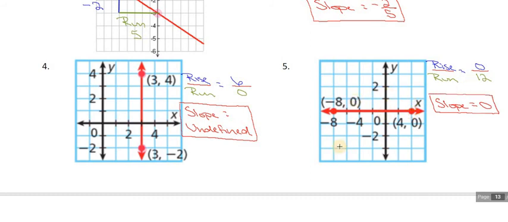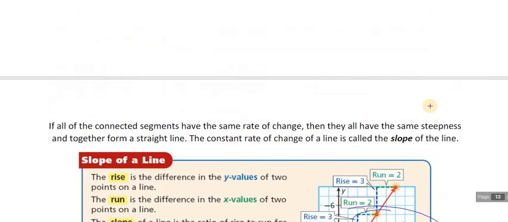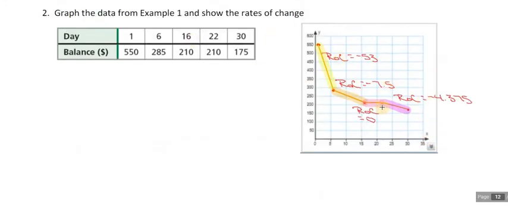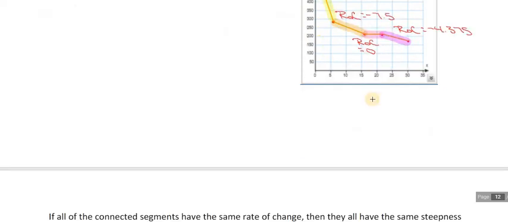Okay, so all horizontal, this is a horizontal line. All horizontal lines will have a slope of 0, as we actually displayed up here in our second example. Okay, when that rate of change was 0, it was a horizontal line.